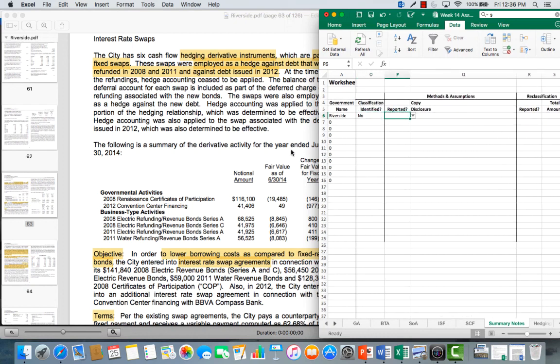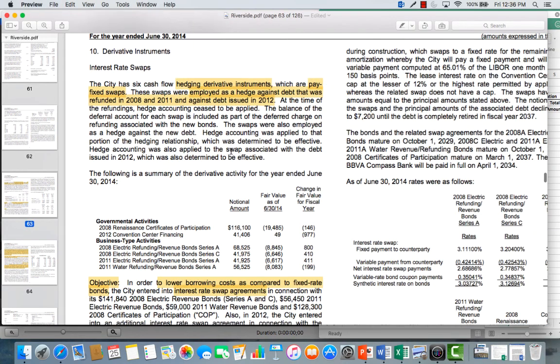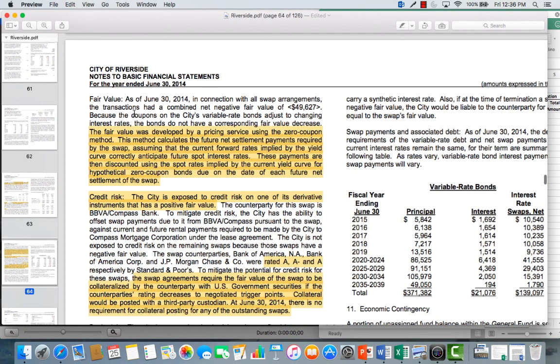The third to last item, I'm getting ahead of myself, is methods and assumptions related to calculating the fair value of the derivative instruments. And in fact, later on, where they talk about fair value, they do describe what method is used to calculate the fair values of the derivatives.